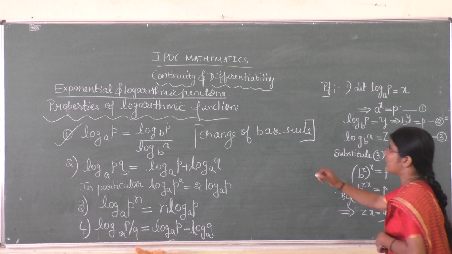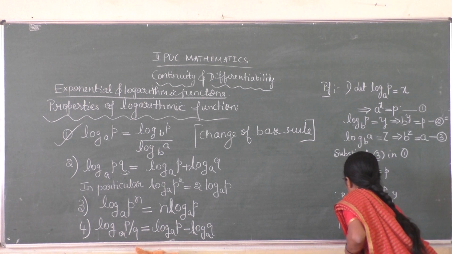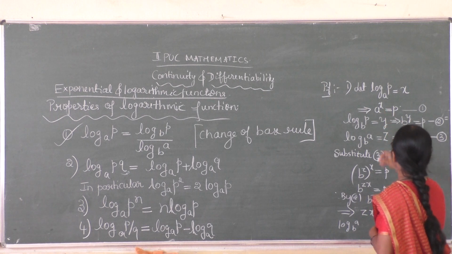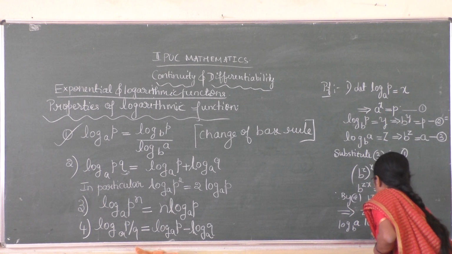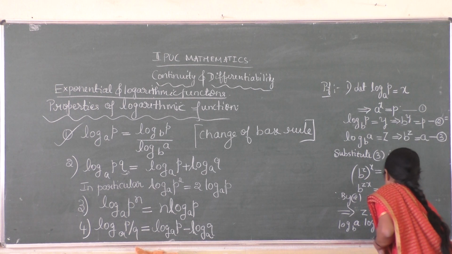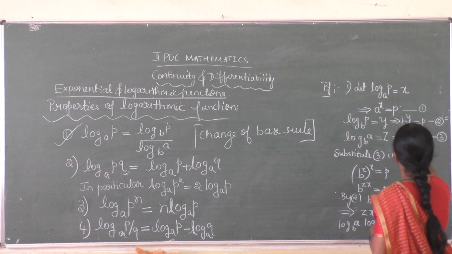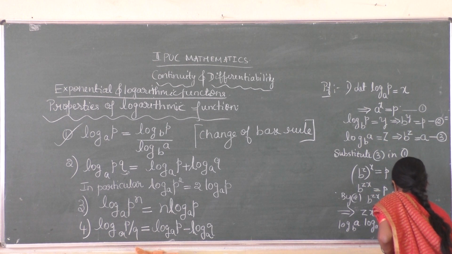Now z is what? That is nothing but log a to the base b. What is x? That is nothing but log p to the base a. y is log p to the base b.